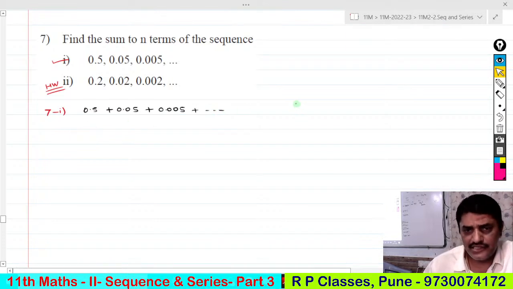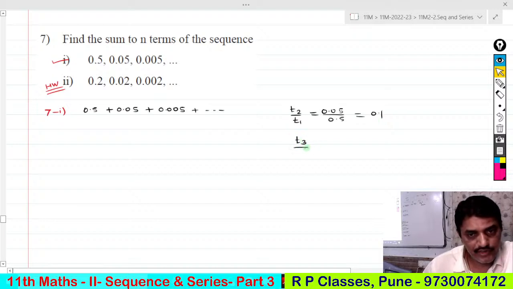What is T2 upon T1? 0.05 upon 0.5. So is this 0.1? Yes. Okay, what is T3 upon T2? 0.005 upon 0.05. It's 0.1 again. So it's a geometric progression.